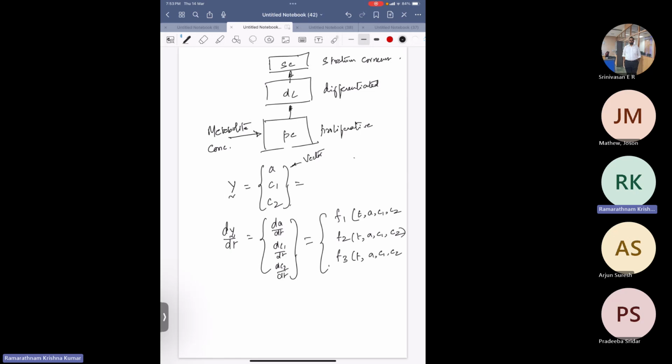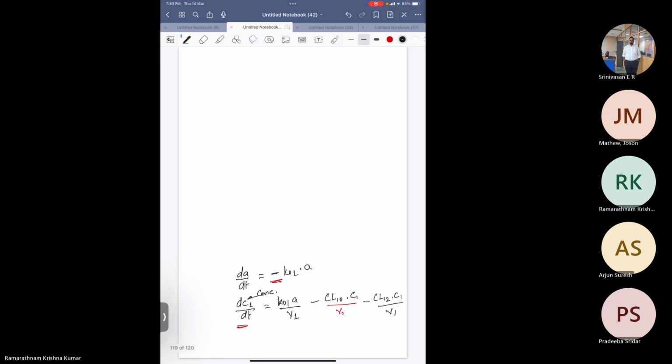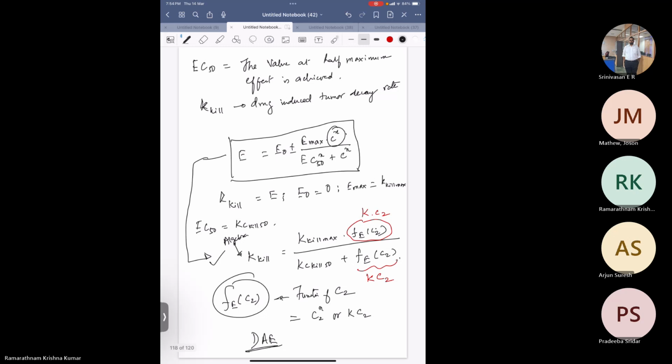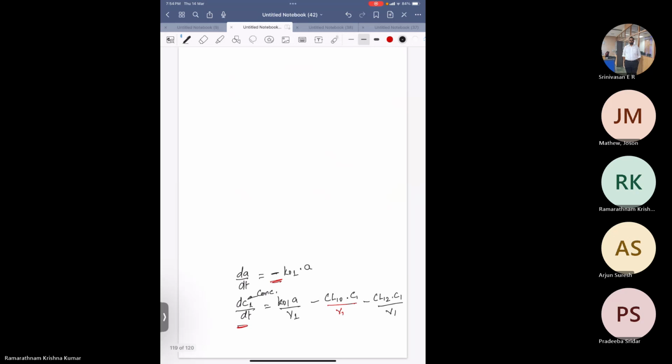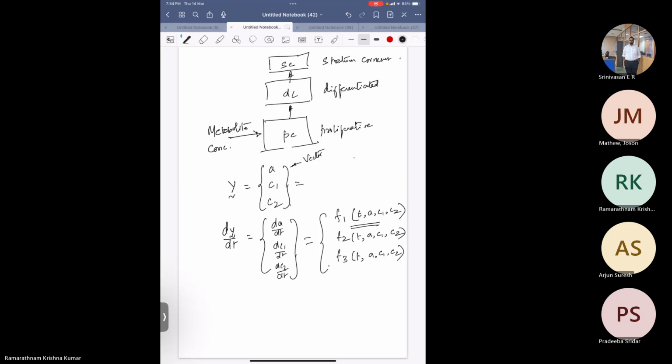There are three functions, isn't it? So this is the first function. This is the second function. This is the third function. So this is one column of functions, so it's called a vector. So, function vector, this vector.